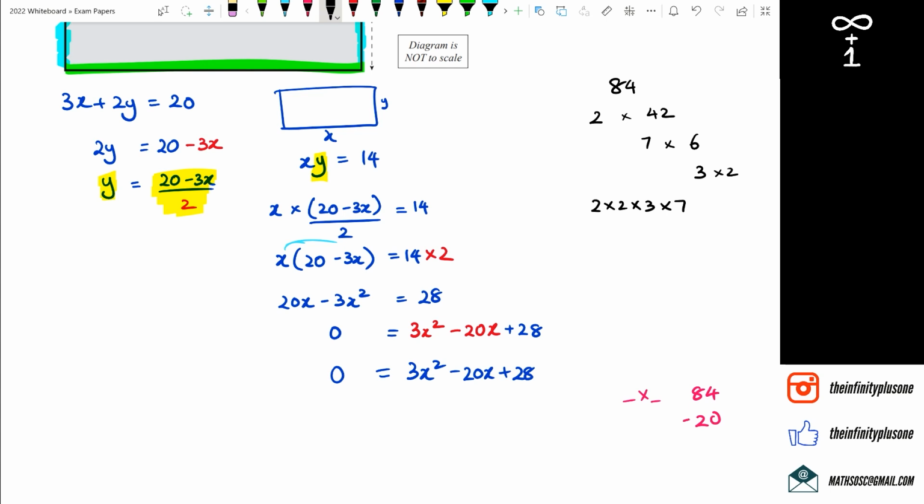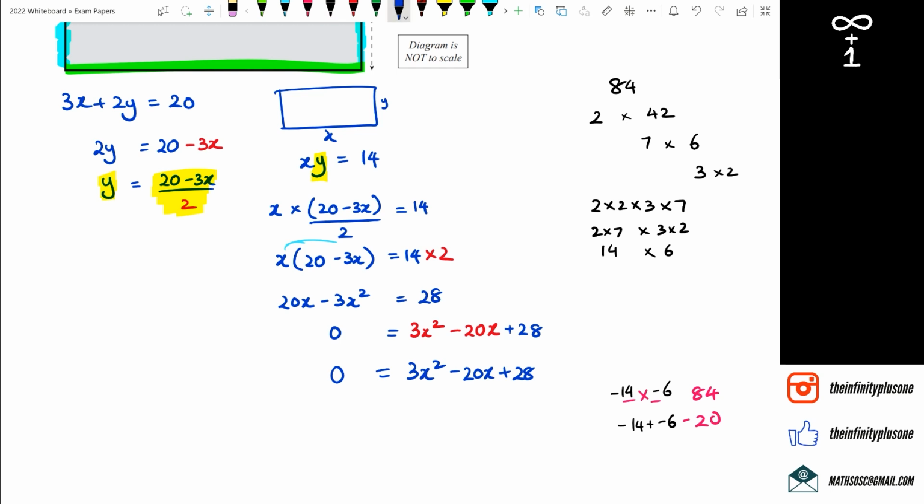There we go. So we can actually do 2 times 7 times 3 times 2, so 14 times 6. What we're going to do is replace this with negative 14 and negative 6, because then negative 14 times negative 6 is positive 84, and negative 14 plus negative 6 is negative 20. The numbers do work out. It's just a matter of having a bit of time to play around with this.